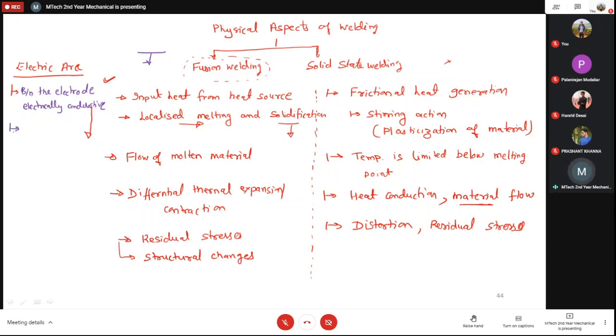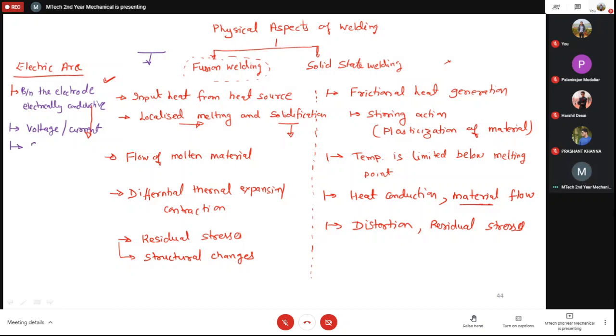Another thing about the electric arc is that it happens when we are applying some input power. Okay, so application of voltage and current is required for the electric arc. Since it is the ionization of some gases or the air, we need to have a small distance between the electrodes.